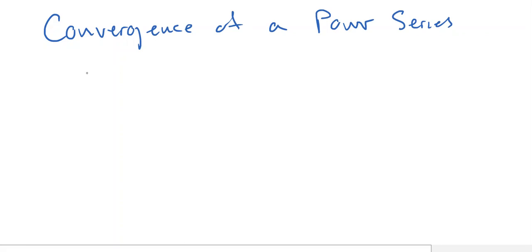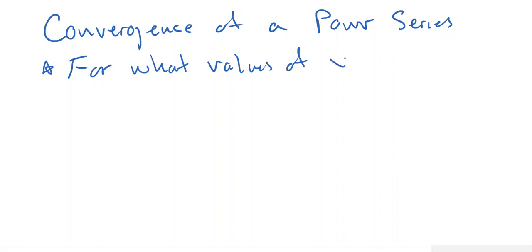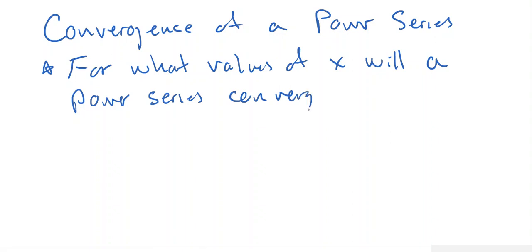And so the question that we want to ask is, for what values of x will a power series converge? And as it turns out, there are 3 possibilities, and I will discuss each of those here.